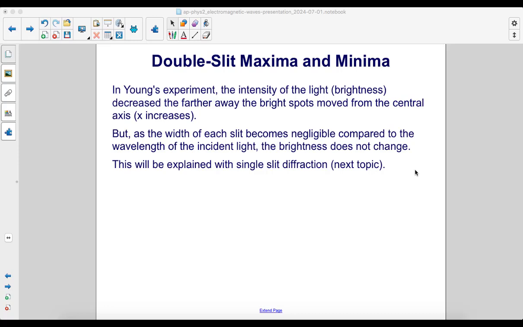In Young's experiment, the intensity of the light, the brightness, decreased the farther away the bright spots moved from the central axis as x increases. But as the width of each slit becomes negligible compared to the wavelength of the incident light, the brightness does not change. This will be explained with single-slit diffraction.